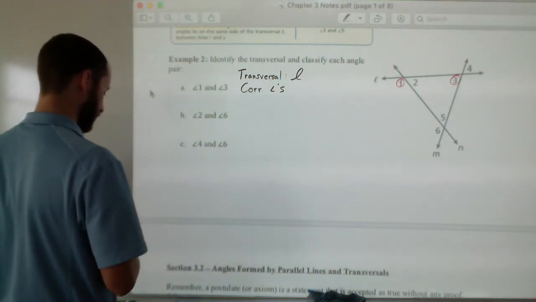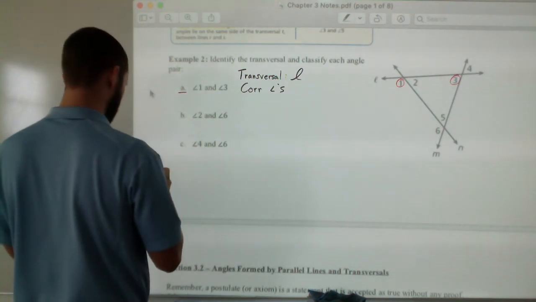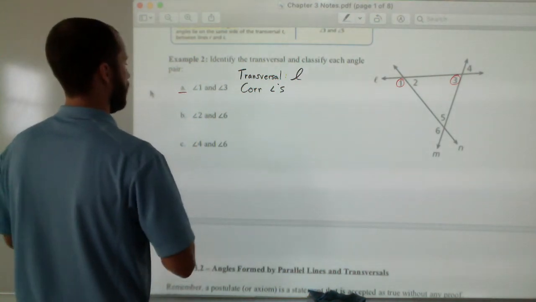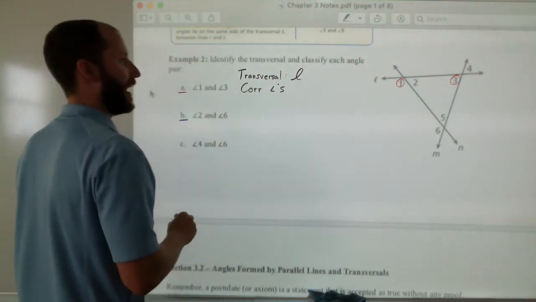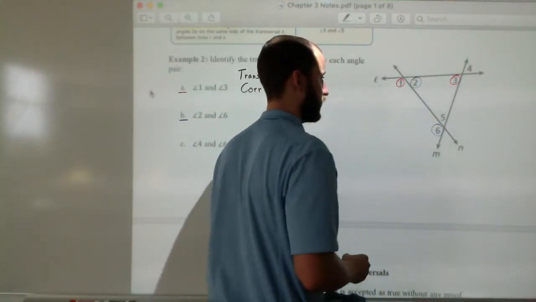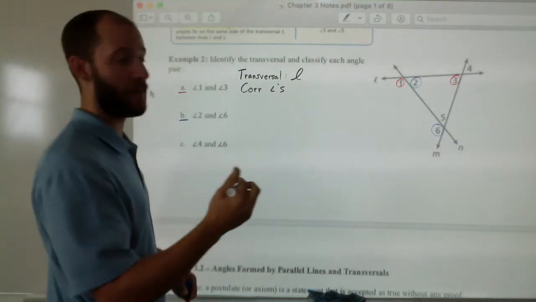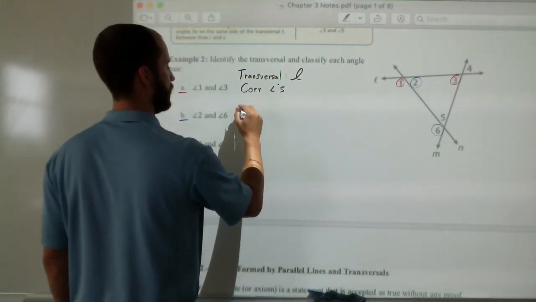So we did that angle pair in red. Blue, angles 2 and 6. So what is the line that those two angles have in common with each other? That is our transversal.